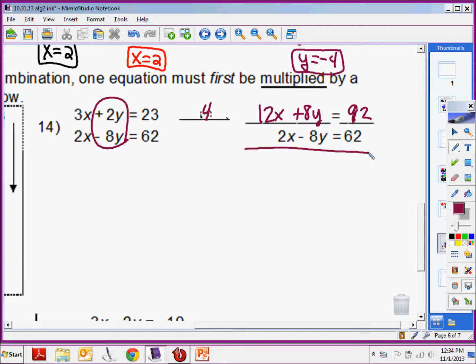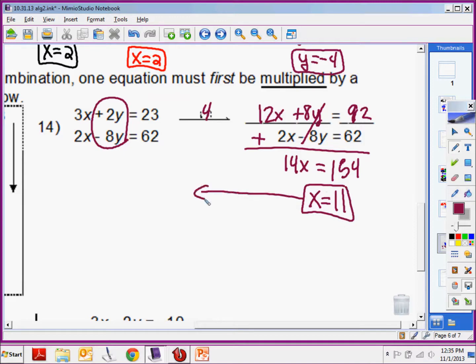Yes. So 12 plus 2 is 14x, and my y's are going to cancel, and 92 plus 62 is 154. So x is 11. So now I know what x is, so I can do what?